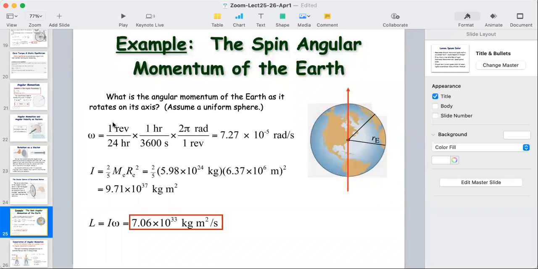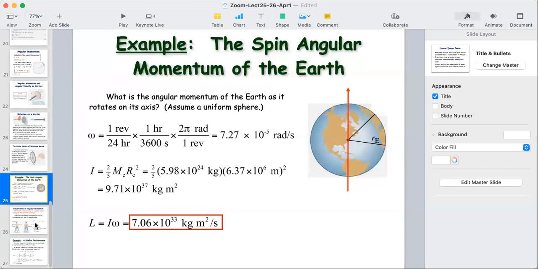So we move from 1 revolution per day to radians per second. Then I is 2/5 of the mass of our planet times the radius of our planet squared. So we multiply and find the moment of inertia of our planet. L is I omega, we have found I, and we have omega. And so this is L, the angular momentum of our planet.